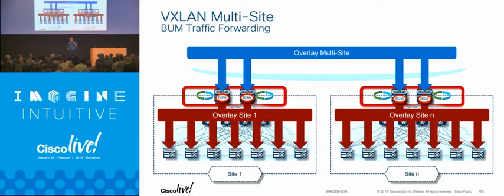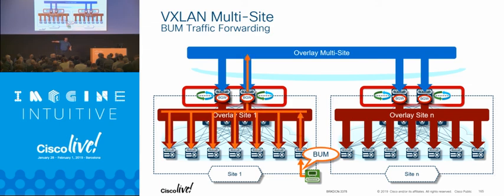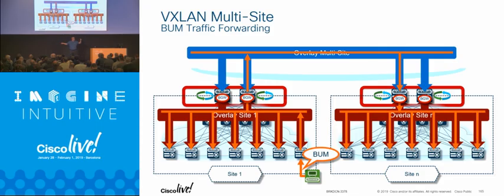So if you would use ingress replication in site 1, the TOR you're seeing here in site 1 would send it to every TOR within site 1, but not to site N. Border gateway 1 would take it and would send one ingress replication copy to site N, and then the border gateways there will replicate it again.